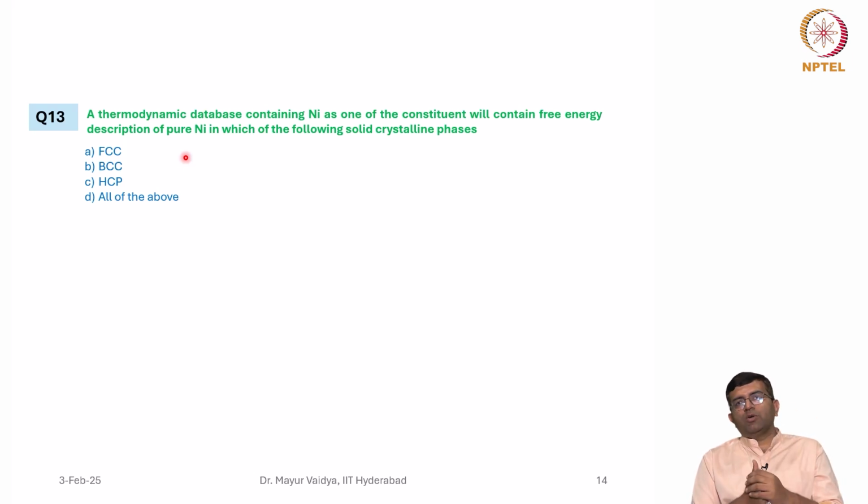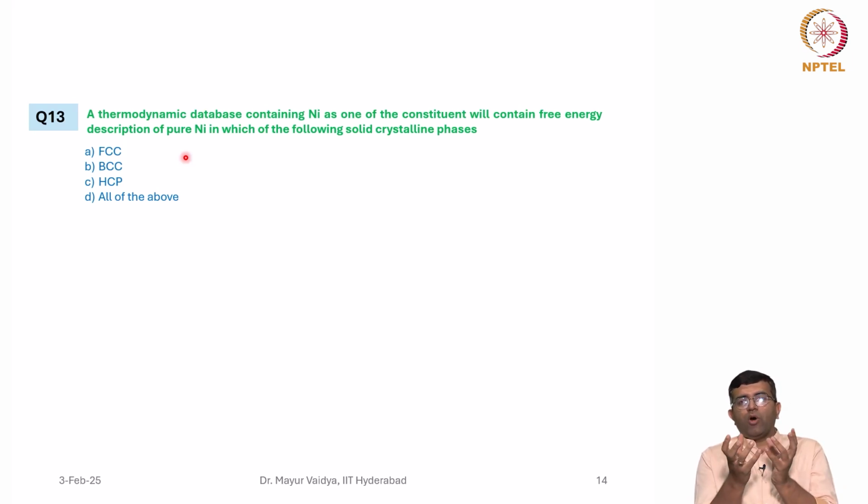Second, this is going a little bit into the thermodynamics part, but if you remember our discussions where we revised the solution models, where you write the free energy of different phases. Suppose you want to write a free energy expression for solutions where chromium is, let's say, 90-95%, and nickel is dissolved in it at 5 to 10 atomic percent. Here the overall solution structure is a BCC structure.